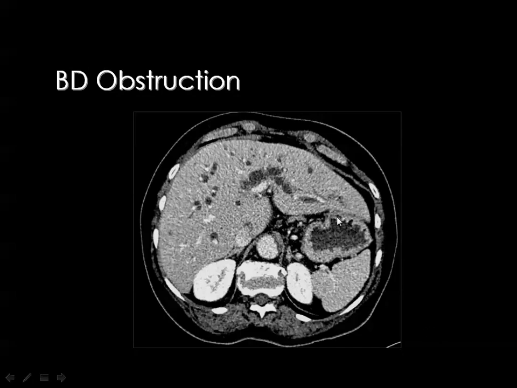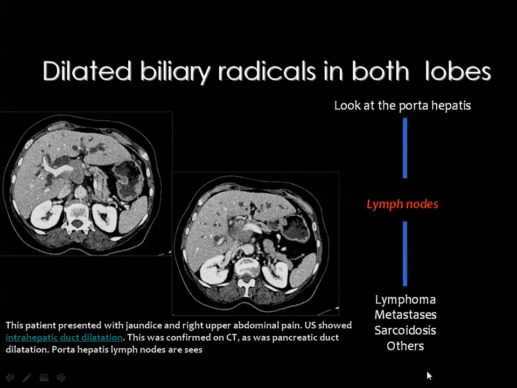But if you see that the bile ducts are dilated throughout the liver, then what to do? If you see dilatation in the biliary radicals throughout both hepatic lobes, look at the porta hepatis. And in the porta hepatis, you can see masses like this. And actually, you know that most of the masses in the porta hepatis will represent lymph nodes.